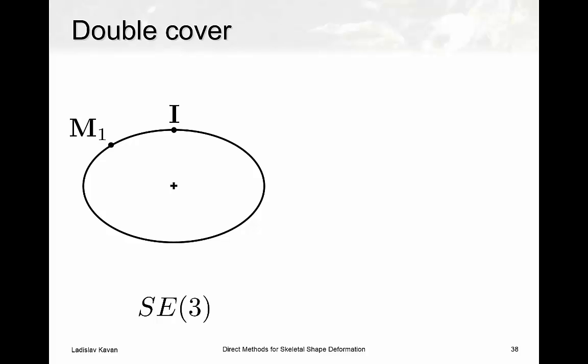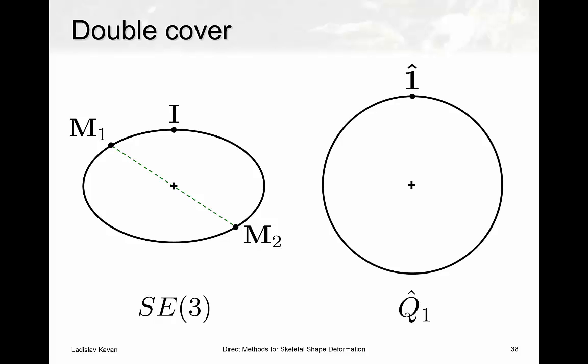If you have our situation on SE3, let's pick the worst possible case, where the relative transformation between M1 and M2 is a 180 degrees rotation. That's where the linear blending passes through a singularity. That's where we get the worst candy wrapper, okay? And if we look at the same situation on the manifold of unit dual quaternions, if we convert M1 to Q1, the unit dual quaternion corresponding to M1, and M2 to Q2, then we find out that now they are all of a sudden much closer together.